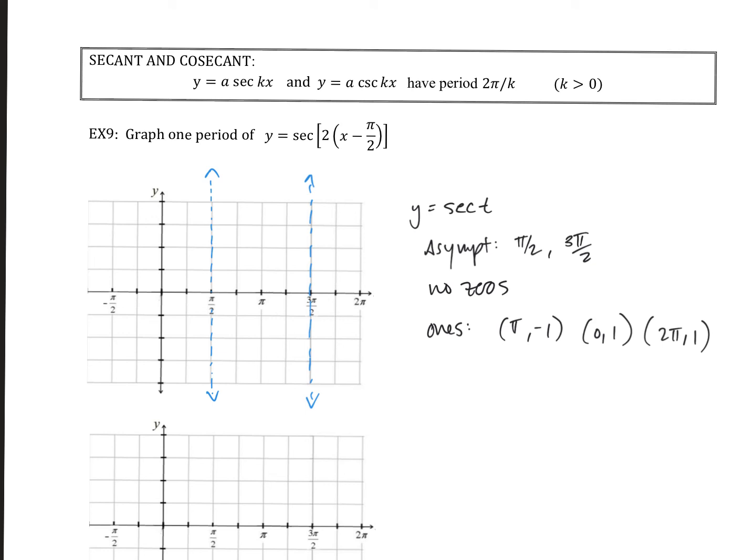So at (0, 1) we have a 1, at (pi, negative 1), and at (2 pi, 1). And now, if you recall, actually let me go ahead and graph in that other asymptote that we were talking about, that we're not usually going to be using for a parent function. So normally, you'll recall that secant looks something like this.